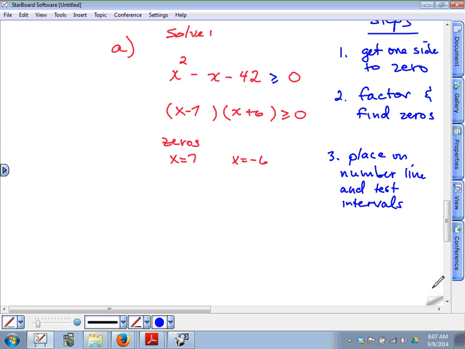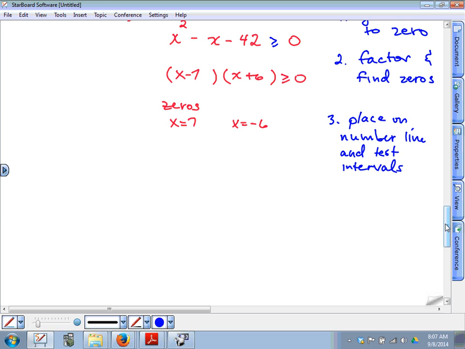So this is really good to get used to now on some of these simple quadratic inequalities, because the rational ones ain't quite so easy. But anyway, on a number line, we're going to place the zeros. We have one at negative 6, and we have one at positive 7.